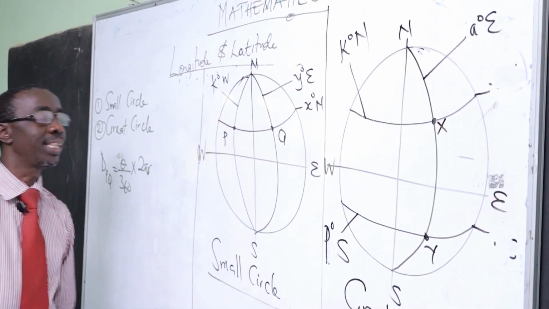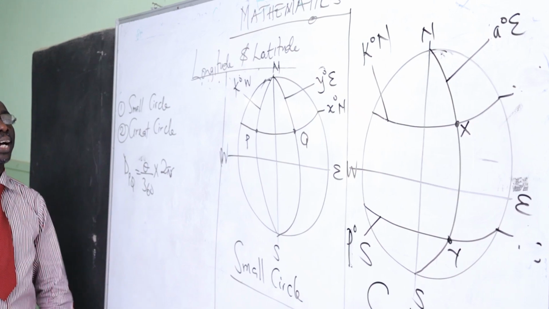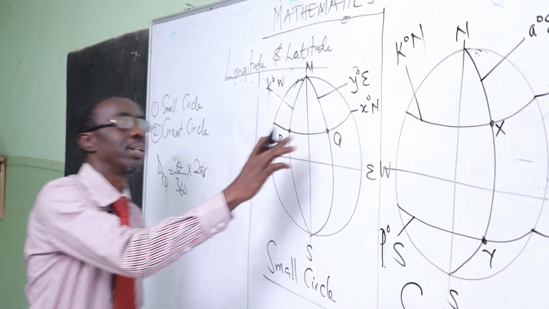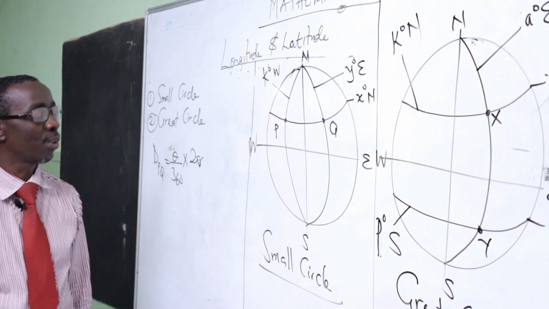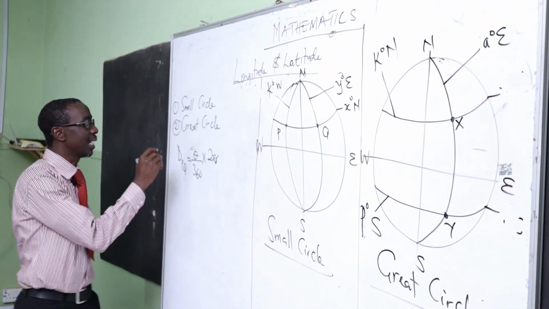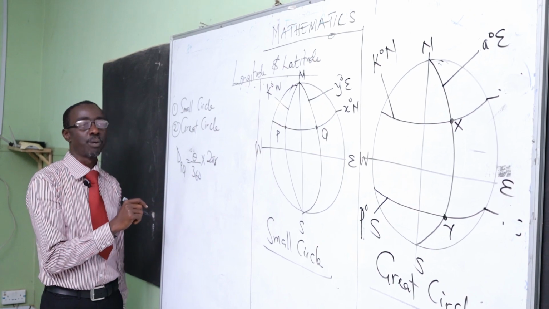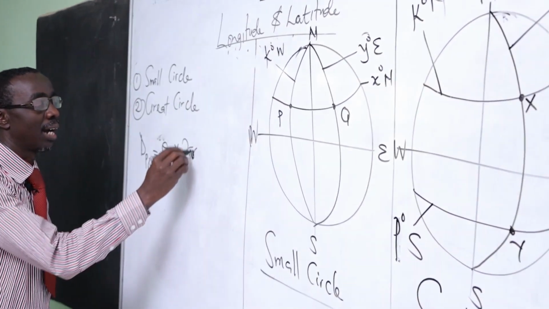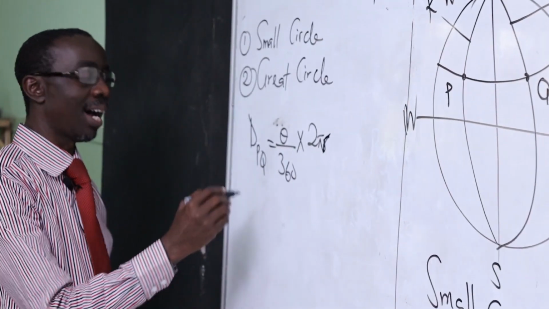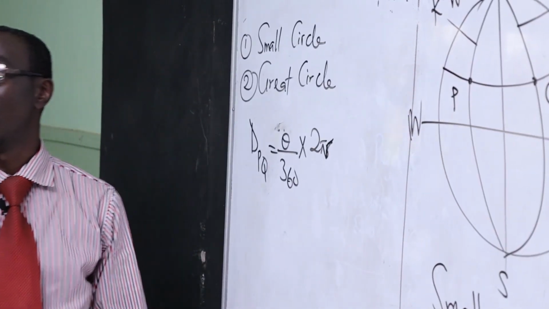With that, we will now look at how to find the distance between 2 points on a small circle, that is, the parallel of latitude of a small circle. We said you can use the formula theta over 360 times 2 pi small r. But the small r is the radius of the parallel of latitude.